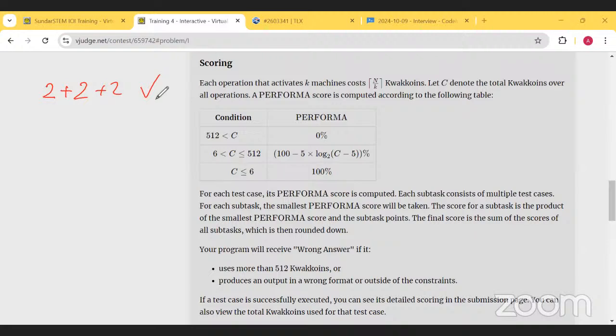The problem writer, I think, made the solution like this, but I found other solutions where the cost is 3 plus 3 or 4 plus 2. But I think there is no solution less than 6. We cannot solve it in just 5 coins or less. 6 coins is the minimum.